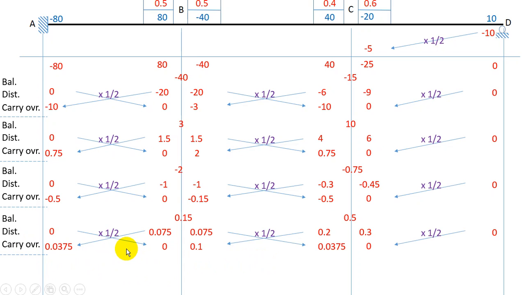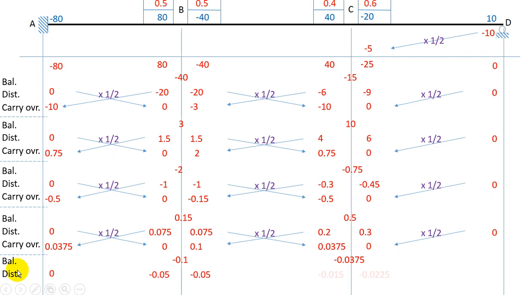We can end our iterations here, but there's one very important thing in the moment distribution method: you cannot end your iteration on the carryover step. I will have to do another iteration and always end it on the distribution step.